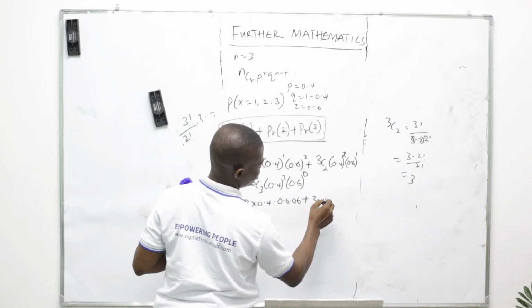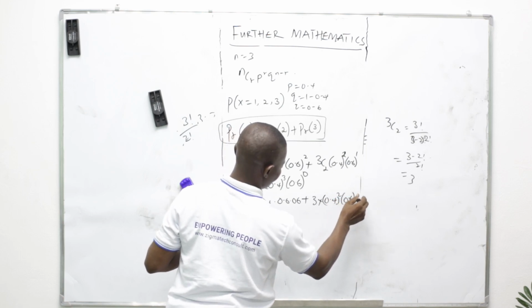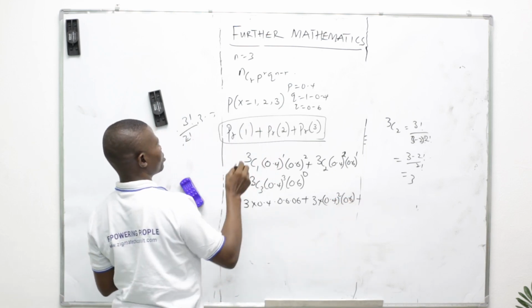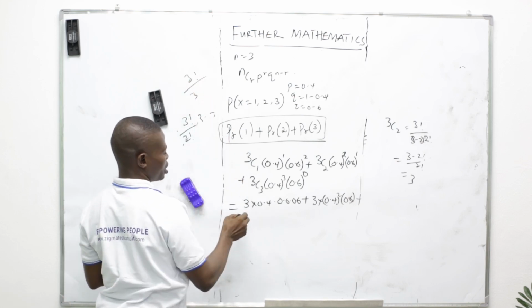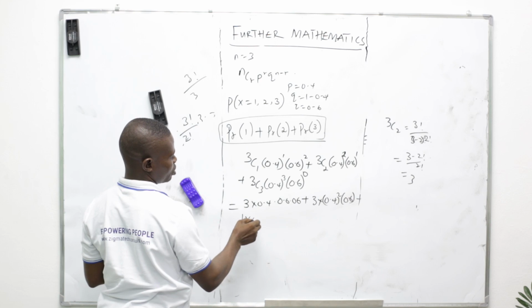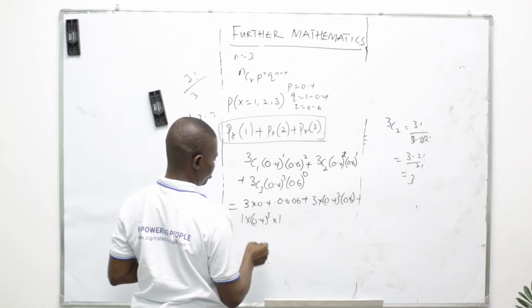Okay, 3 times 0.4 all square times 0.6 plus 3 factorial all over 3 factorial, that's 1 times 0.4 raised to power 3 times 1.